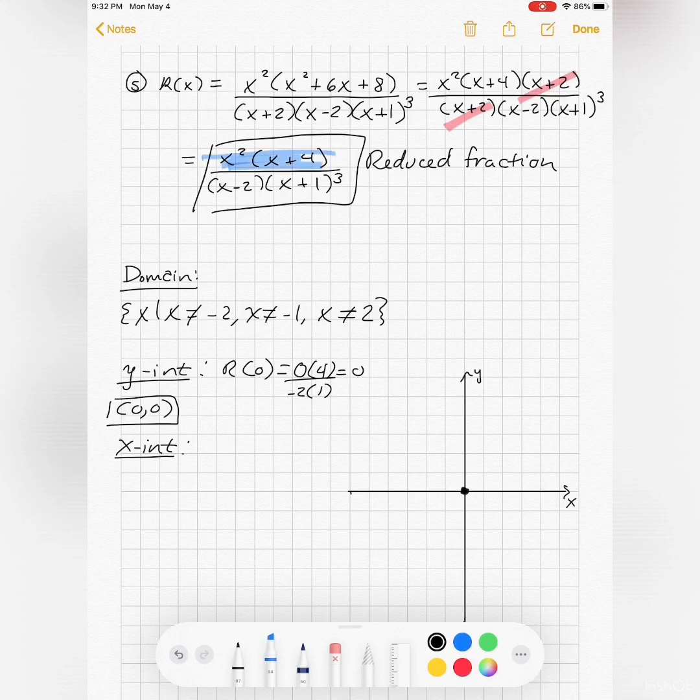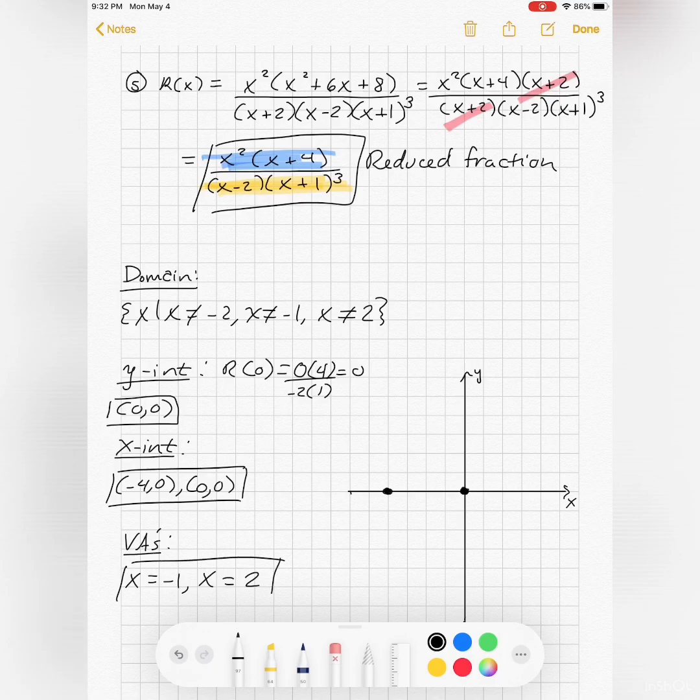What are the x-intercepts? -4, 0. Okay. The vertical asymptotes. Looking at the denominator of the reduced fraction. The vertical asymptotes would be -1 and 2.